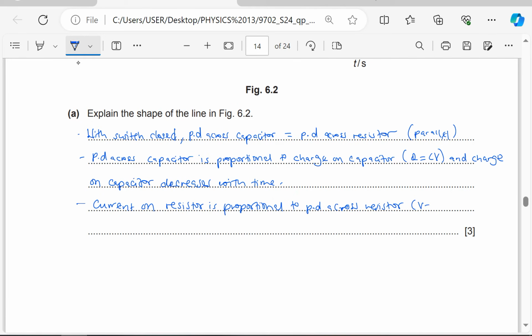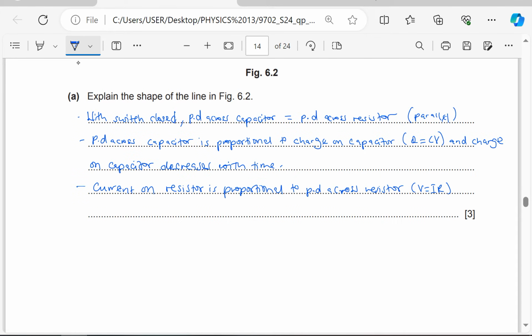I'm using V equals I times R. But of course, what is the current in the resistor?